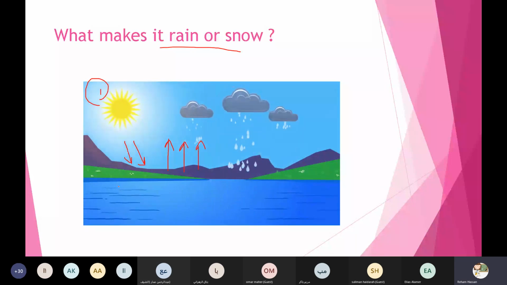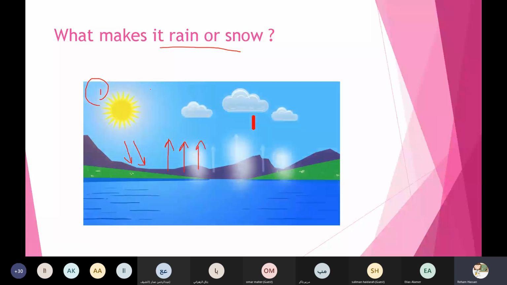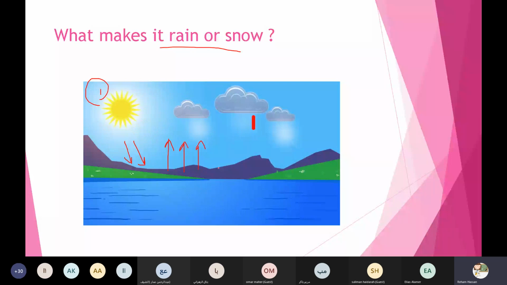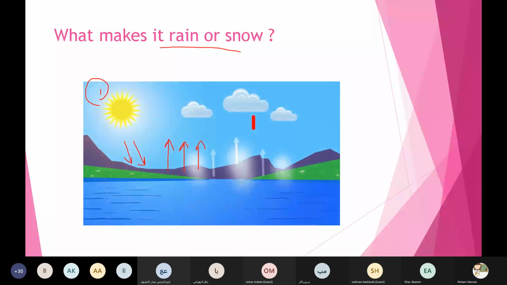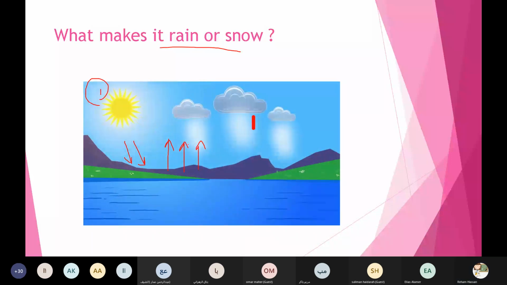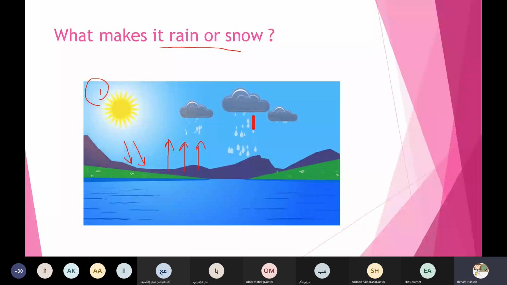So if the sun warms the earth water, some of this water will turn into water vapor.